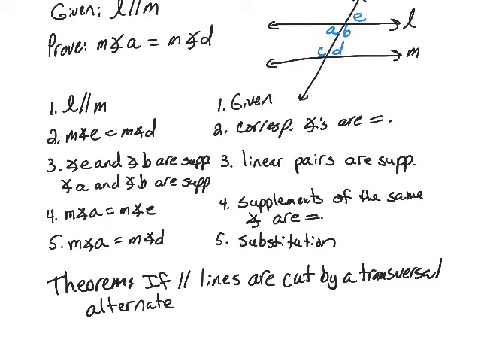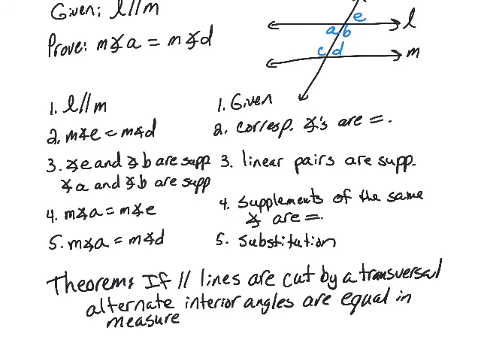Okay, alternate interior angles are equal. Equal in measure. Okay. All right, so we just proved that theorem. And we're going to take a look at same side interior next.